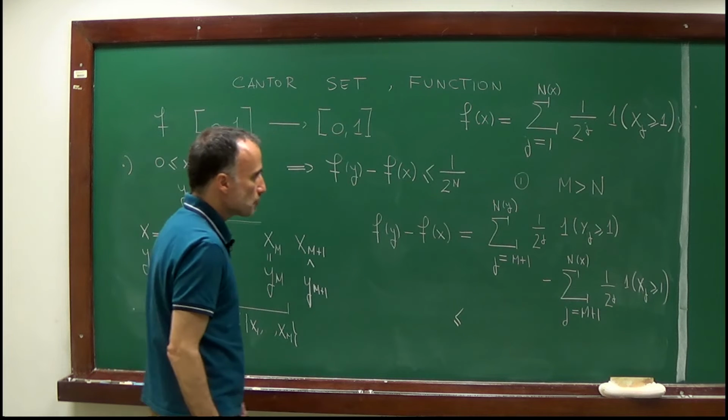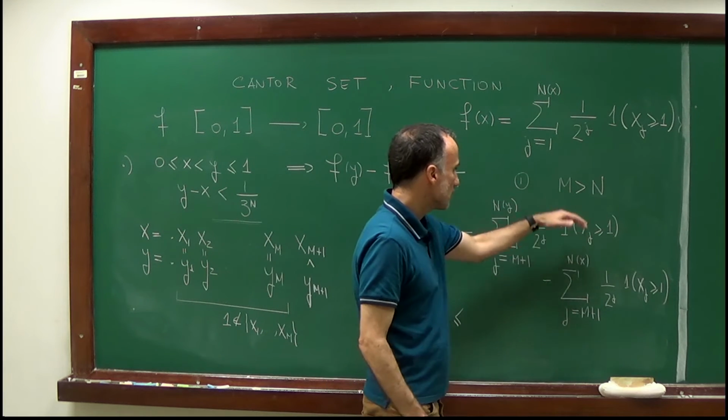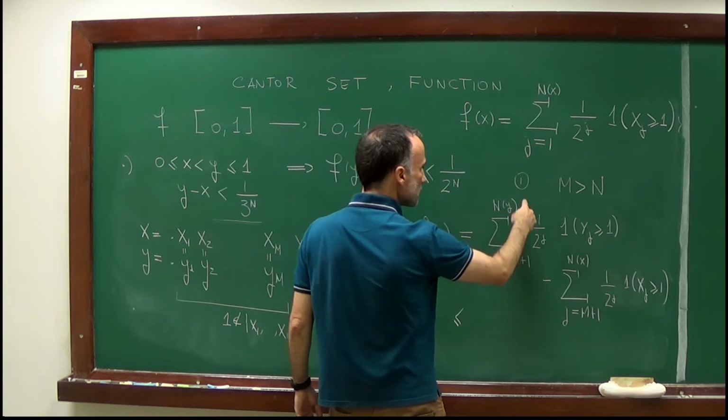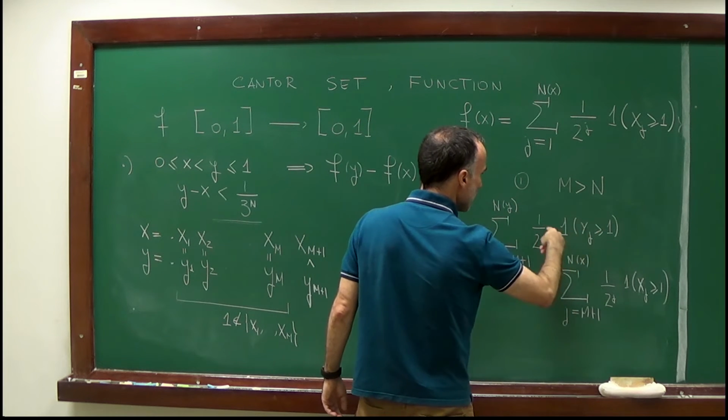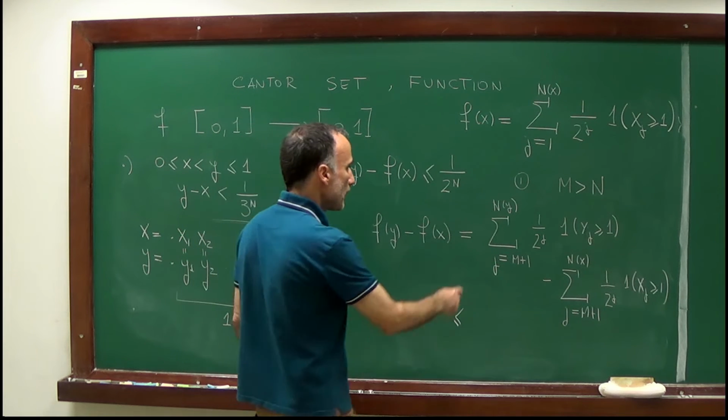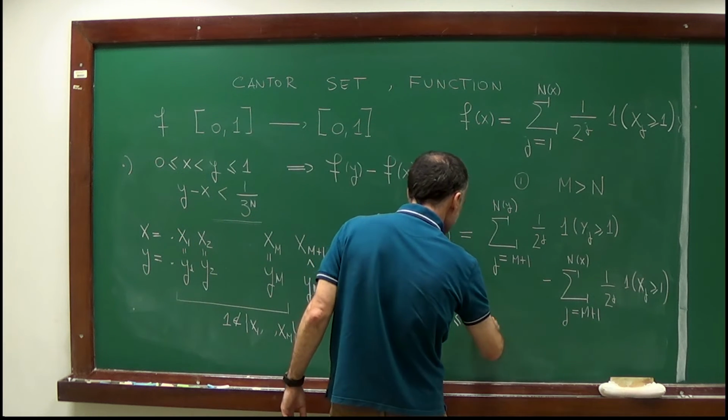But we can bound this expression by taking the worst case in the first term. The worst case would be n(y) equal to plus infinity, and that all the yj's are larger or equal than 1, or equal to 2, say, and this will give us a contribution of 2^m.